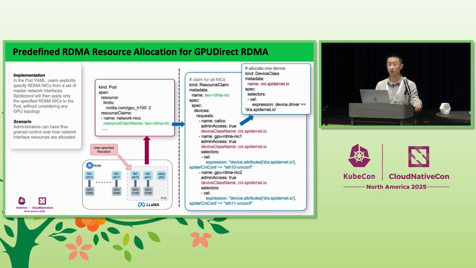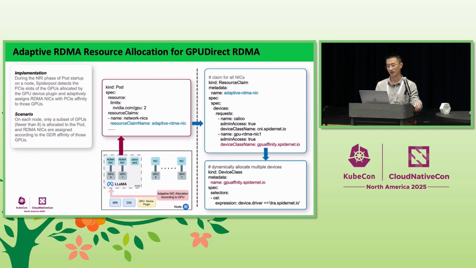When creating a pod, users can reference this resource claim, and Spiderpool will then apply only the specified RDMA NICs to the pod without considering PCIe topology for GPU. Through this usage pattern, administrators can have fine-grained control over how RDMA devices are allocated.